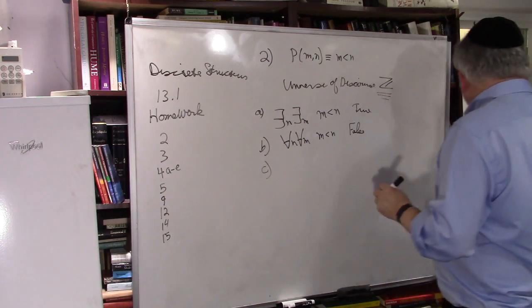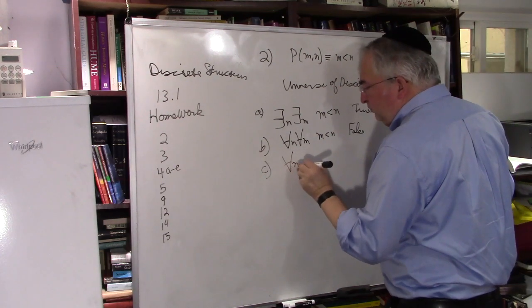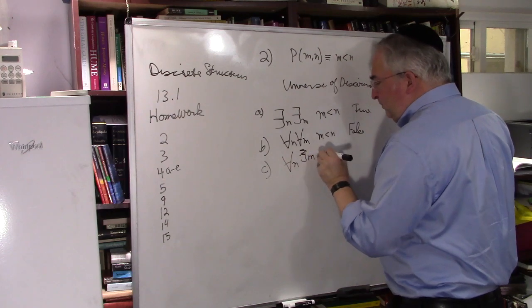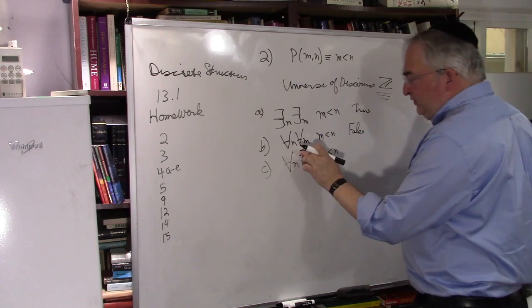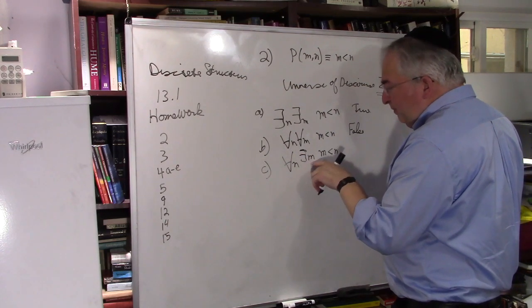C. For all n, there exists an m such that m is less than n. Let's go through that. Take any number whatsoever. There's another number that's less than it.